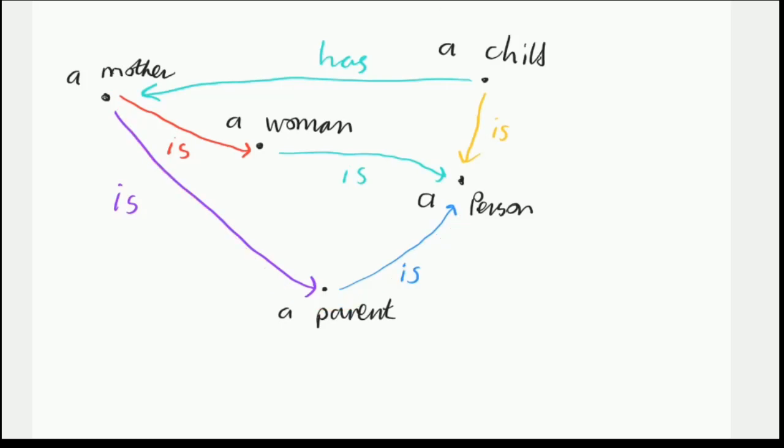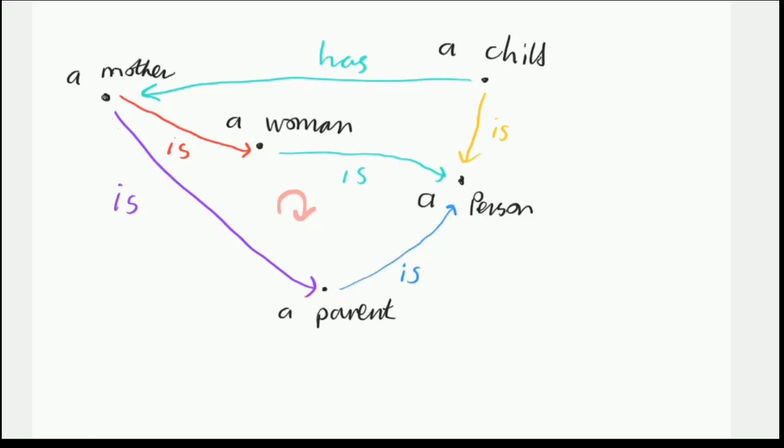So another really neat thing we can do in these ontology logs is we can mark certain regions with a loop to denote that if we compose the arrows or functions around the boundary of that loop, we end up getting the same result. So this notation in this case means when we do this function, a mother is a woman, which is a person, that's basically the same thing as doing this function, a mother is a parent, which is a person.